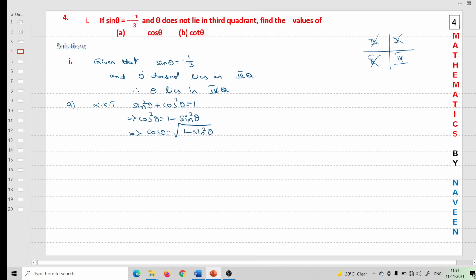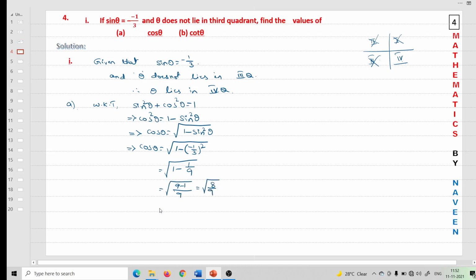Now substitute the sine value here. So cos theta is equal to square root of 1 minus (minus 1 by 3) whole square. That is equal to 1 minus 1 by 9, since 1 square is 1 and 3 square is 9. 9 is the LCM here. 9 minus 1 is nothing but 8 by 9.